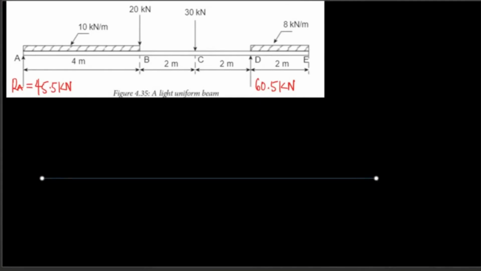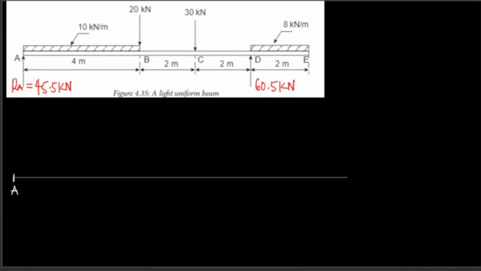So there is a line here that I'm going to be using as a reference. Okay. Now, if you want to draw your shear force and bending moment diagram, it must be directly under the what? Under the beam. It must be directly under the beam.